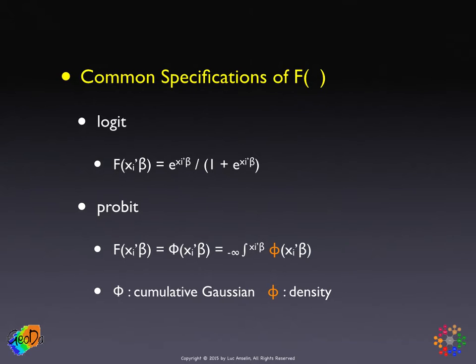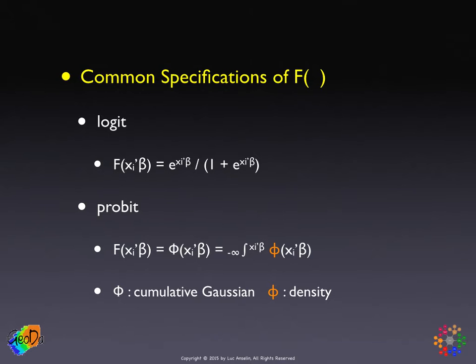is the one where we specify the function f as the cumulative distribution function of the standard normal distribution evaluated at x i beta. So in the usual notation, that's the integral up to x i beta of the density function.